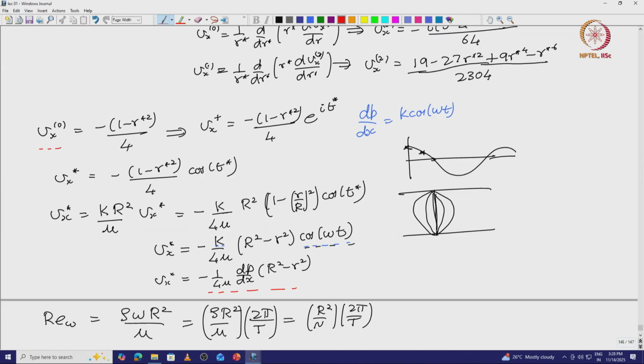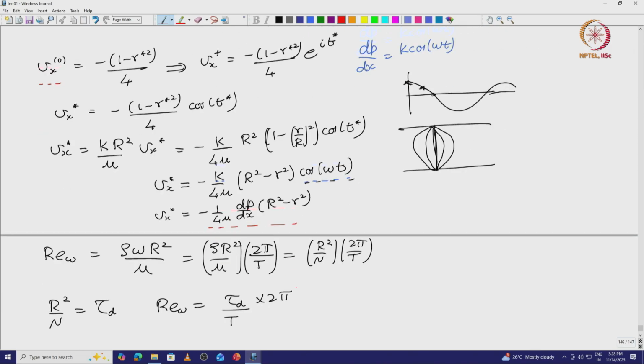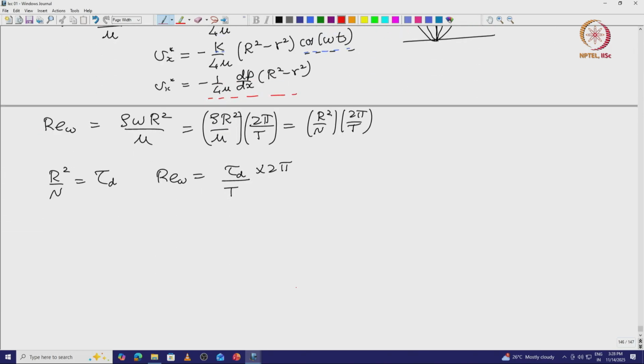And that I had explained to you on the basis of a physical interpretation of this Reynolds number Re omega. So, I will go over that once again.